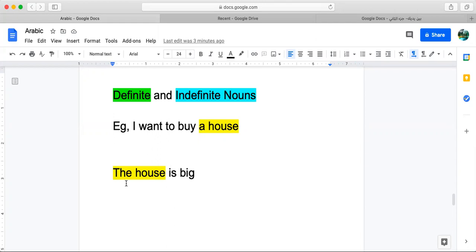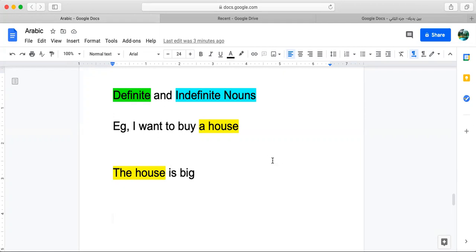So that's definite, something that is known. The man that left the school at 9 o'clock was very rude, for example. So there's someone somewhat definite. So you use in English the. So that's the difference between definite and indefinite.